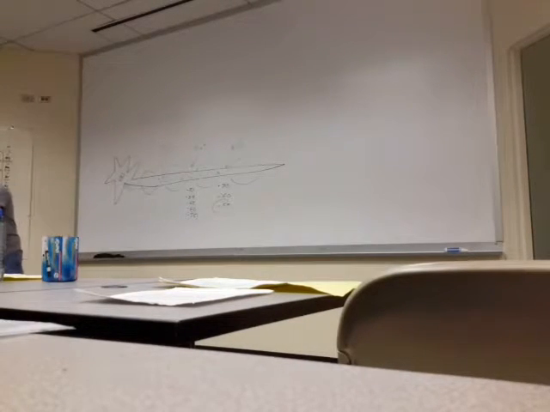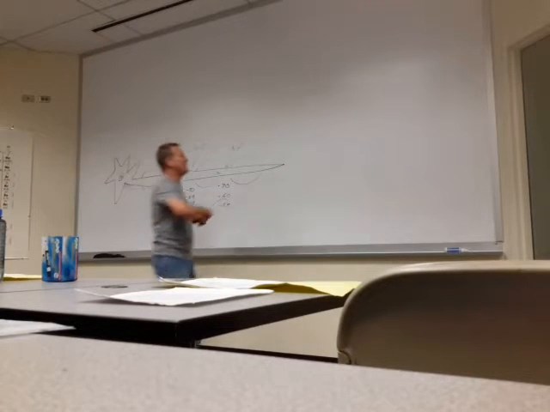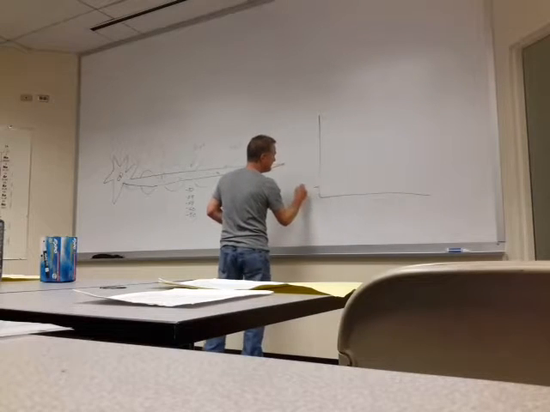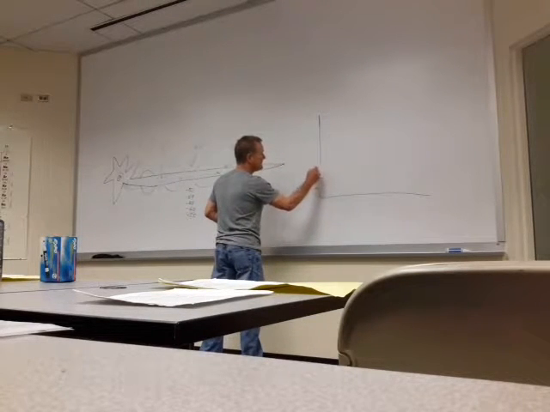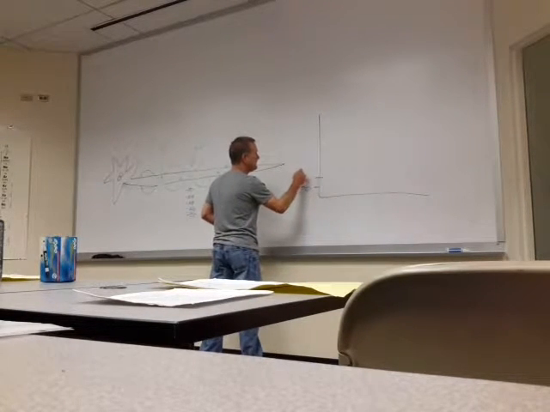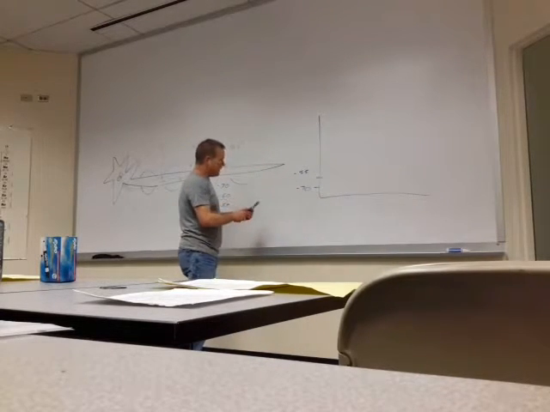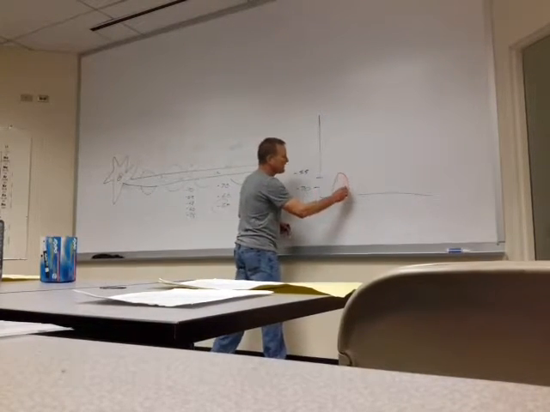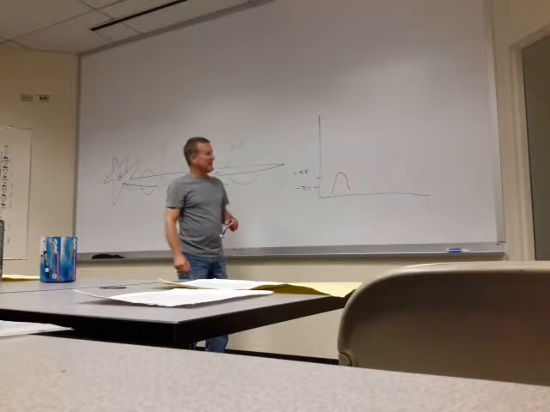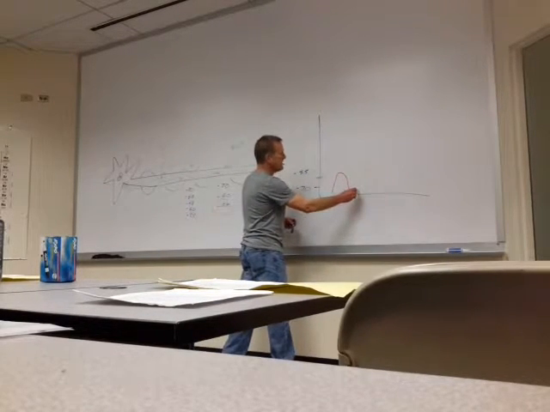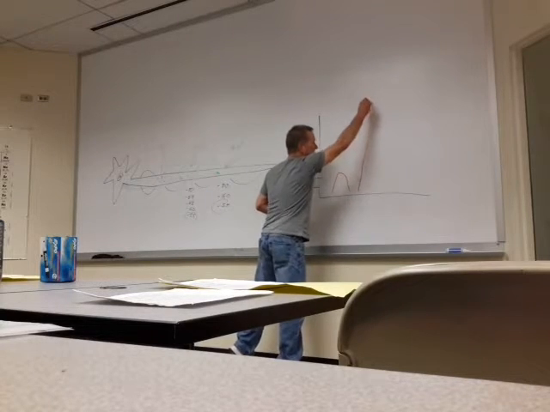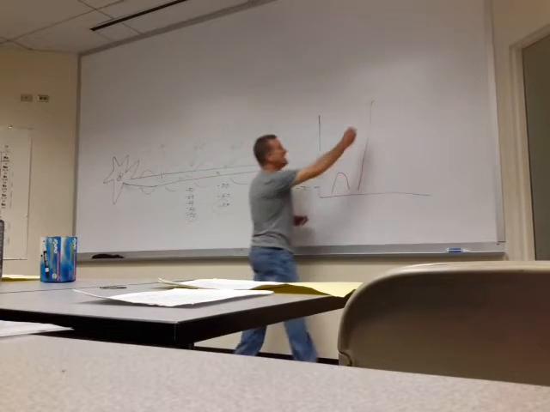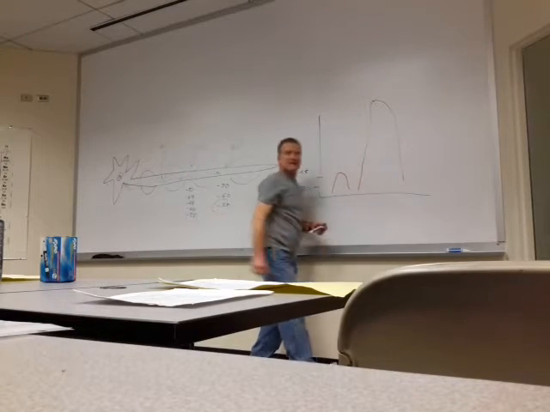So the all or none law: all or none does not pertain just to whether or not we reach threshold and depolarization occurs. If we reach threshold, yes, depolarization occurs. But if depolarization occurs, then repolarization occurs.